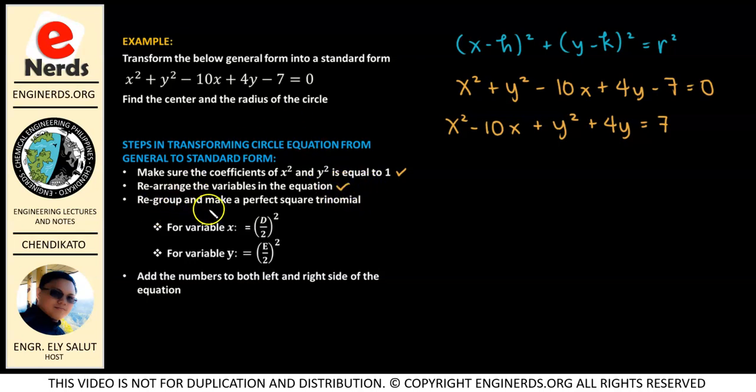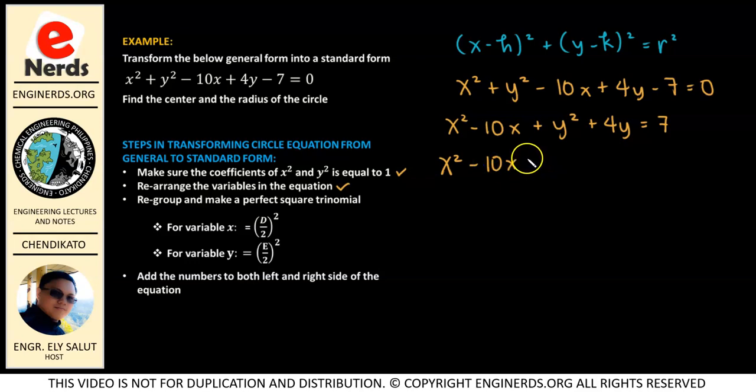Now, we need to regroup and make a perfect square trinomial. So, ito yung kailangan natin gawin. We need to do a completing squares, no? So, how are we going to do that? First, let us make a space in between, no, para sa ating mga constants. Okay, so I will show you how to do that. We have x squared minus 10x.